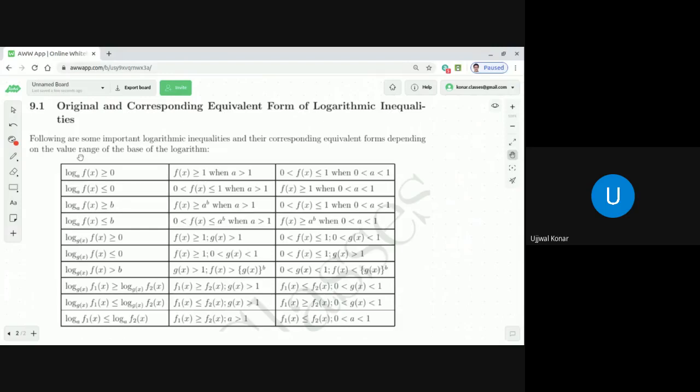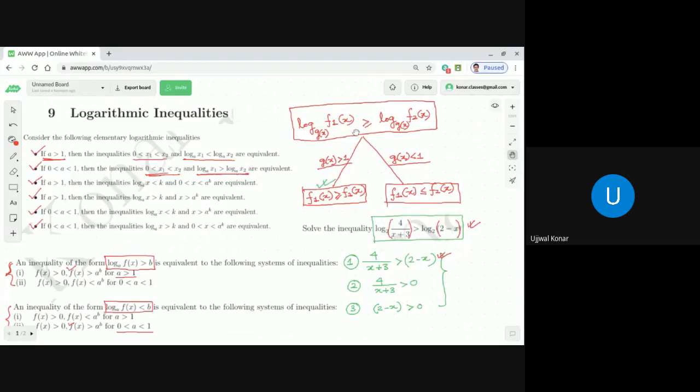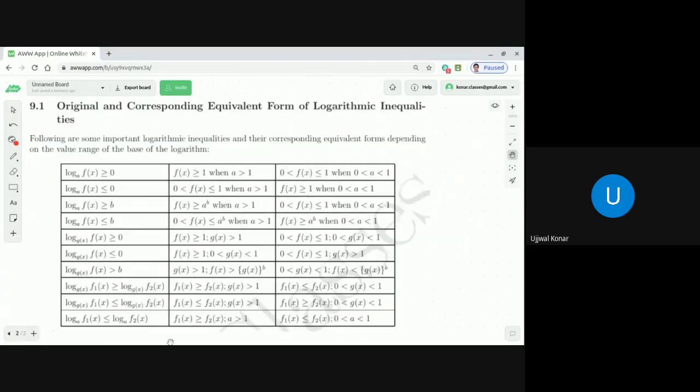You remember, dear students, at the beginning of the class, the example I gave: log of f1(x) base g(x) is greater than or equal to log of f2(x) base g(x). This is one entry of this table. Actually, this is the last but one entry if you look into it.